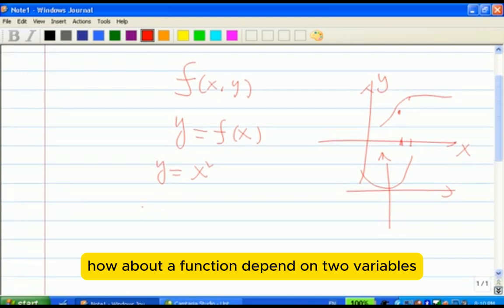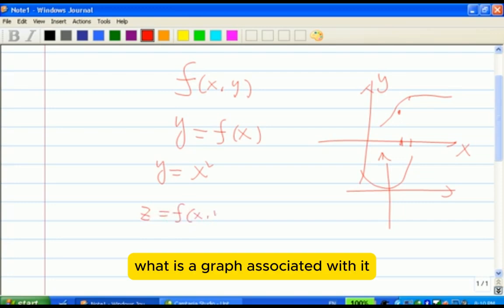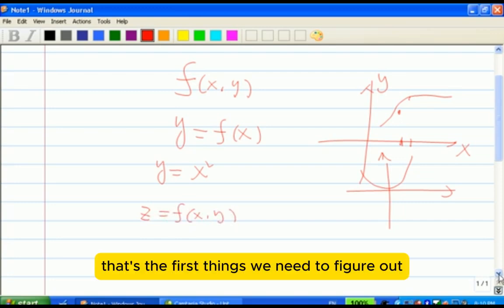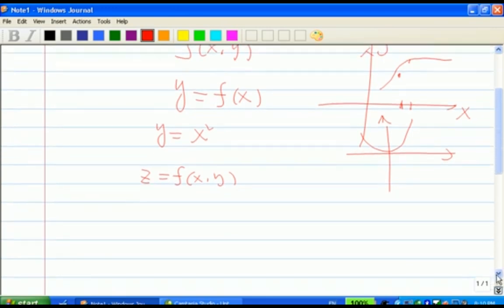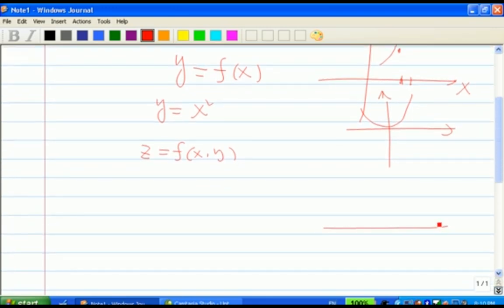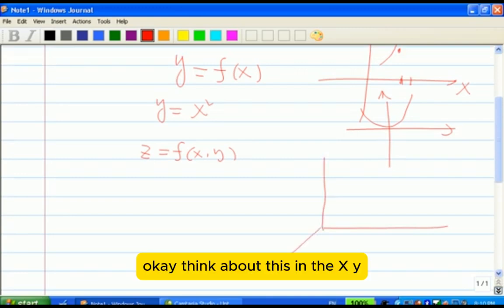How about a function that depends on two variables? What is the graph associated with it? That's the first thing we need to figure out. Think about this.